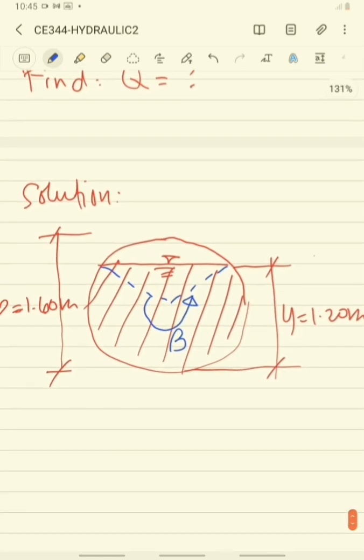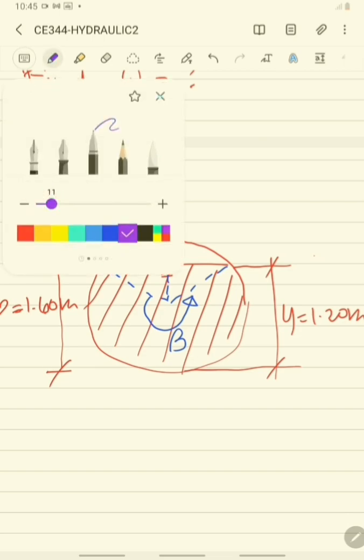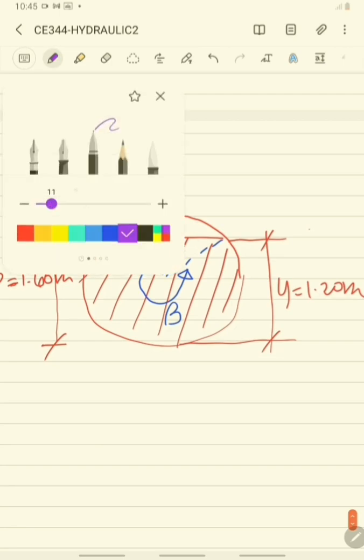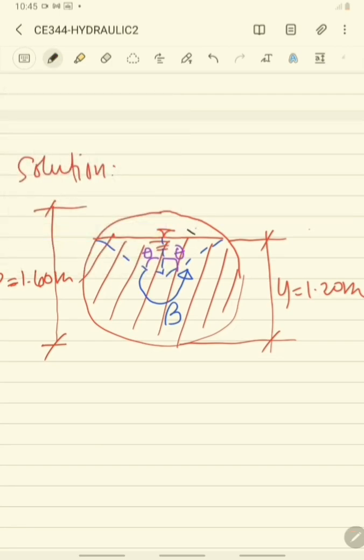I have to divide also my triangle, and this will be my angle, and I will let that one as my theta. Then we have also this one. Since I divided the triangle into two, I have let also the base of the triangle as x. So if I have two triangles, I have also 2x.